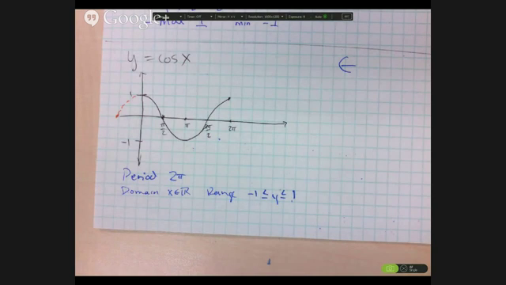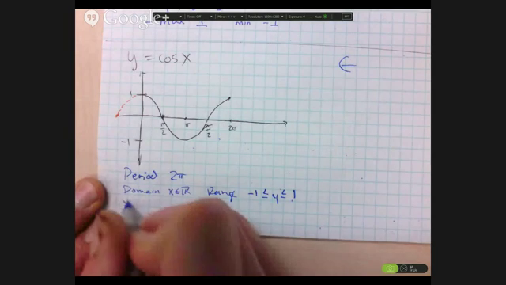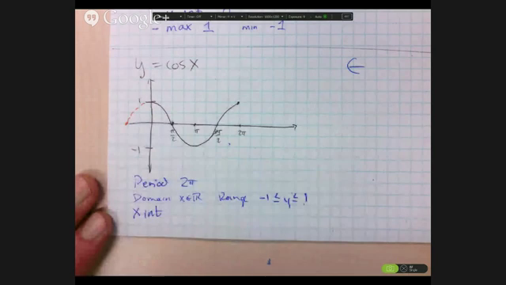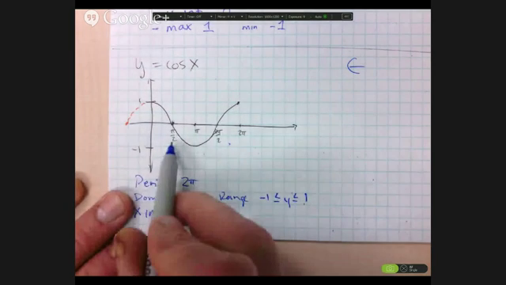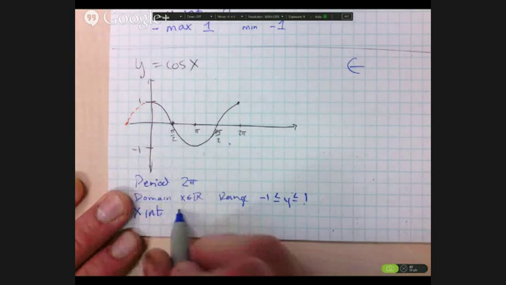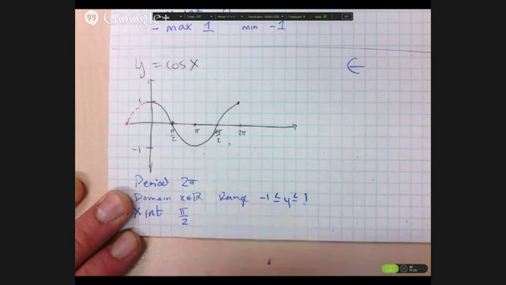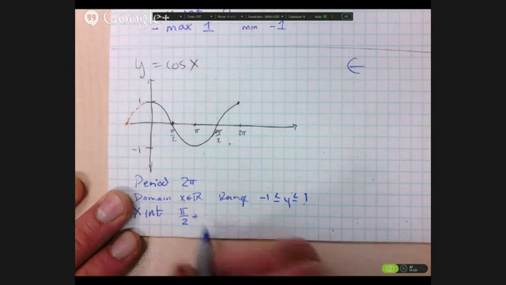Let's see. What are the x-intercepts? A little harder than the sine function. Okay, so pi over 2 is one of them. 3 pi over 2. How can we code that in general?